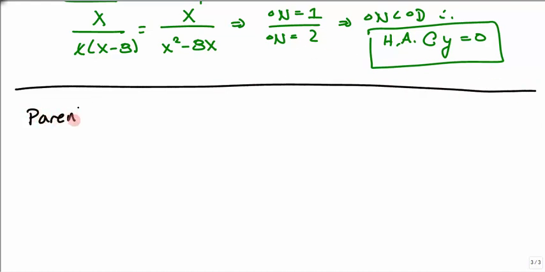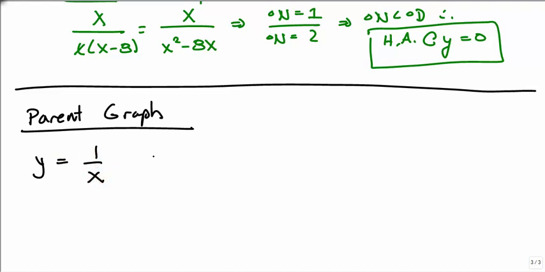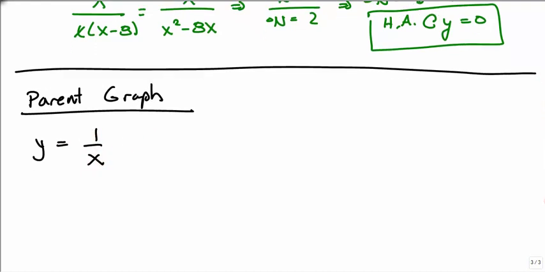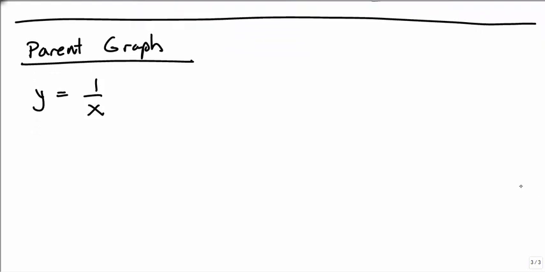The parent graphs that we're going to be looking at are rational expressions. So we have one parent graph of y equals 1 over x. The graph of y equals 1 over x is going to equal this nice little graph that we looked at earlier that exists in the first and the third quadrant.